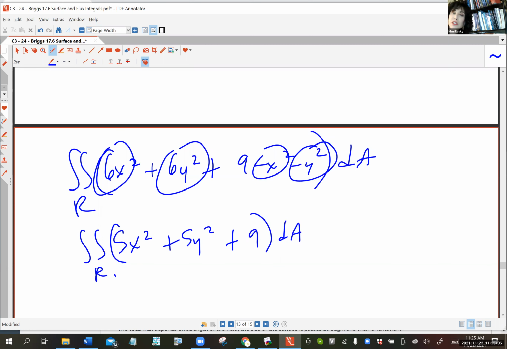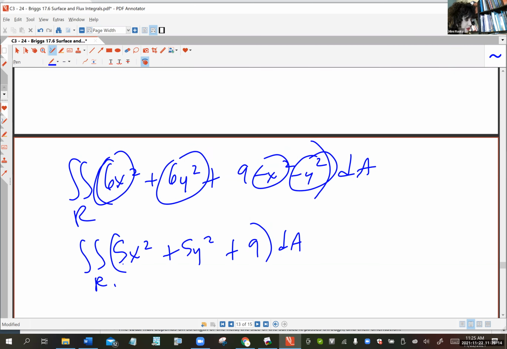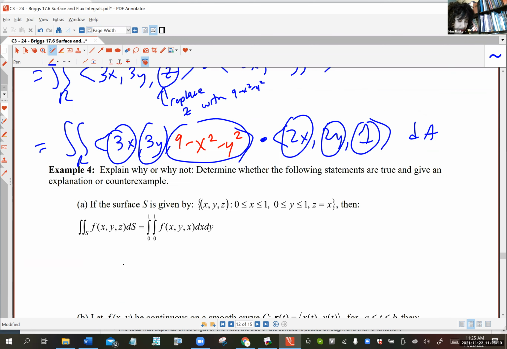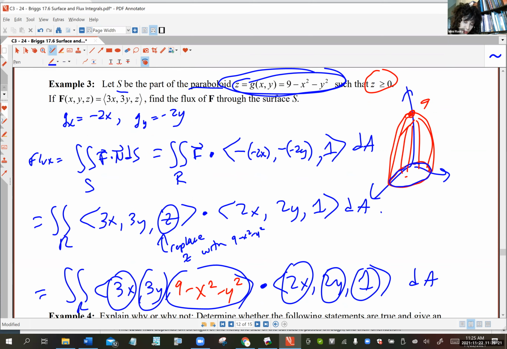Do we always convert to polar every time we do a surface or flux integral? Absolutely not. Only if it makes sense to convert to polar. Well, why does it make sense for this problem? Look, the capping surface does cut into the xy plane.